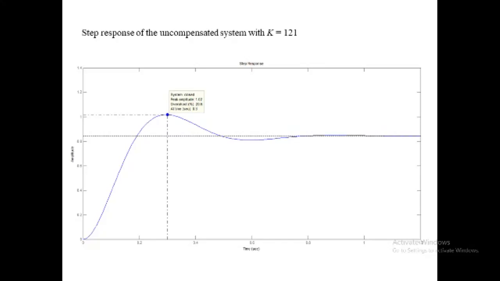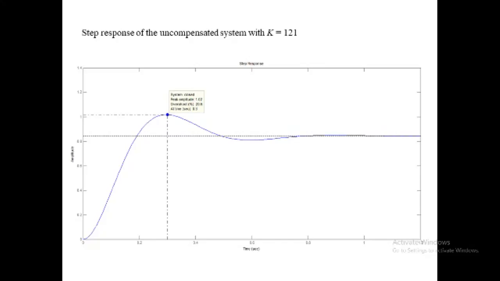So the dominant poles for this desired peak time of 0.1976 seconds can be obtained by theoretical means. From the peak time relation, the imaginary part of the desired dominant pole, omega d, is obtained as omega d equals pi upon 0.1976, and its value is 15.9.